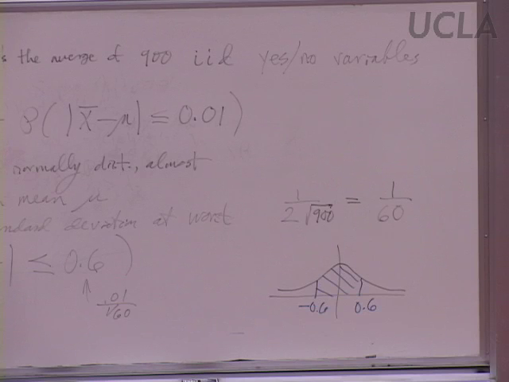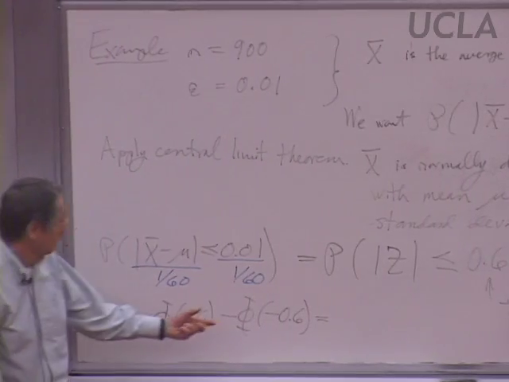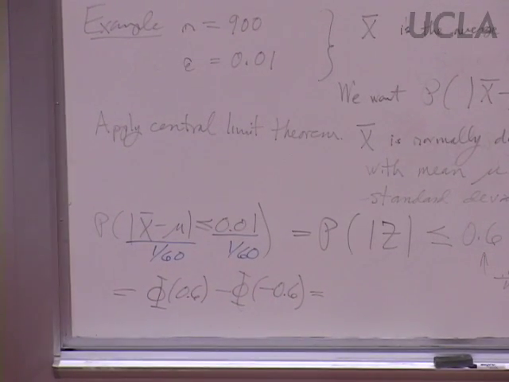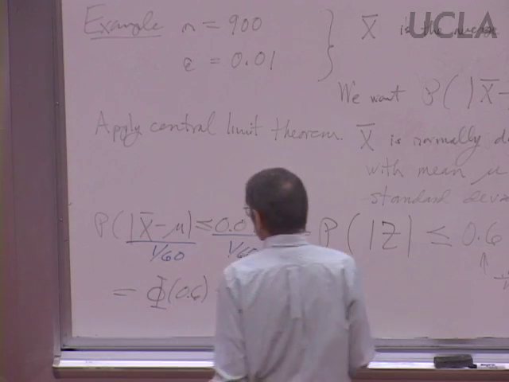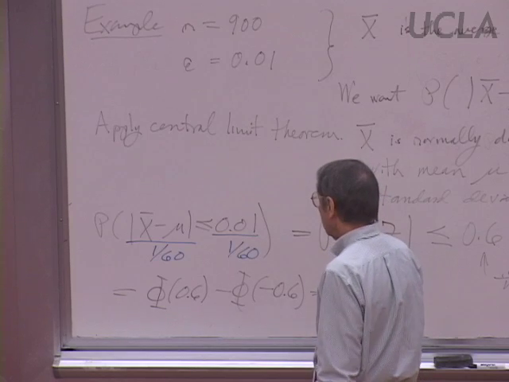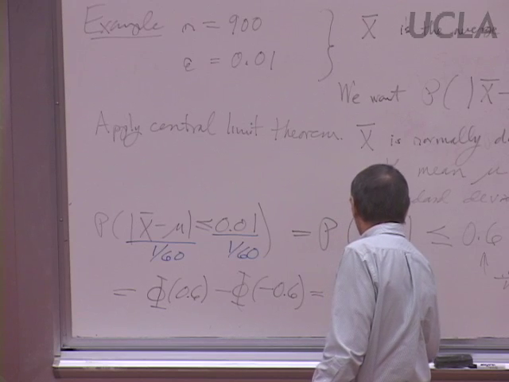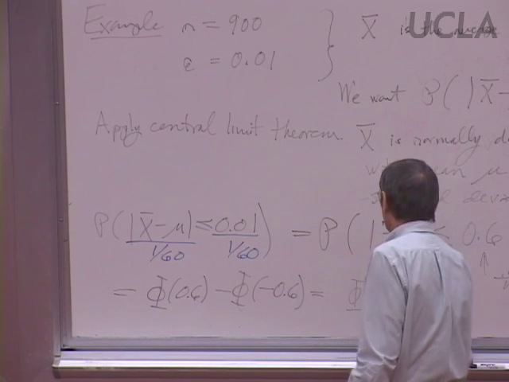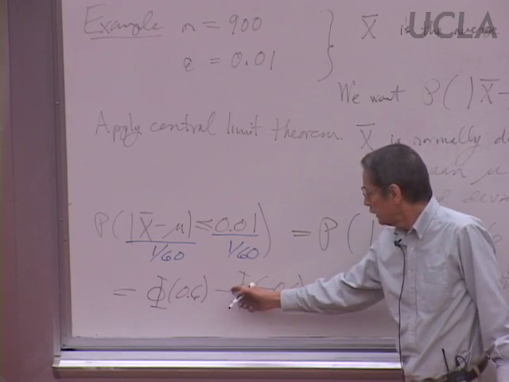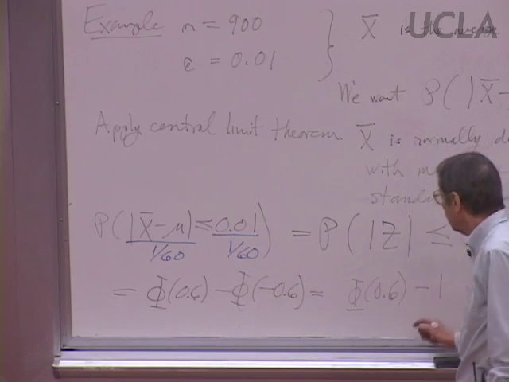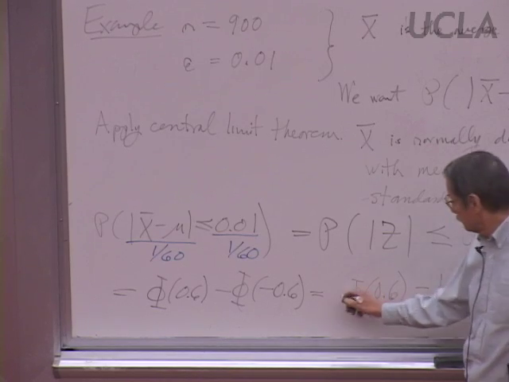So we want phi of 0.6 minus phi of minus 0.6. Well, phi of minus a, that's 1 minus phi of a, so let's write it like that. Phi of 0.6 minus 1 minus phi of 0.6.